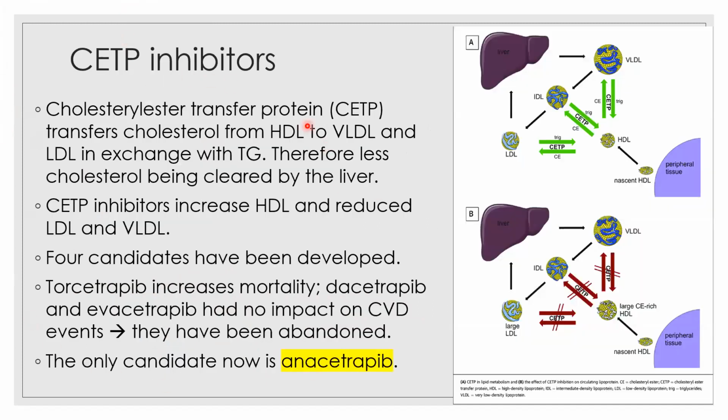Okay, the last one is CETP inhibitors. What is CETP? CETP is cholesterol ester transfer protein. It transfers cholesterol from HDL to VLDL and LDL in exchange for TG. So the cholesterol transported by HDL, HDL can deposit to the liver, or it can also pass it to the LDL.